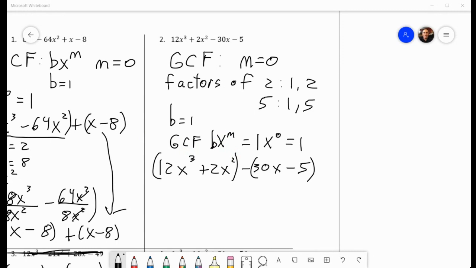Let me show you why. So we have 12x cubed plus 2x squared. I'm just going to show you off to the side.